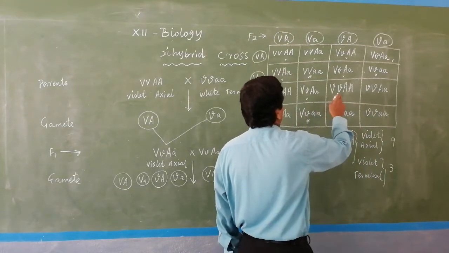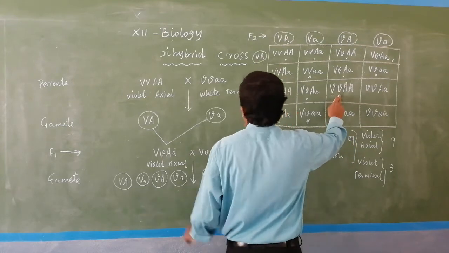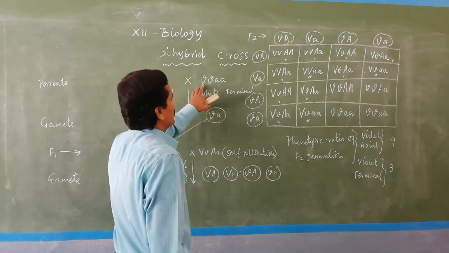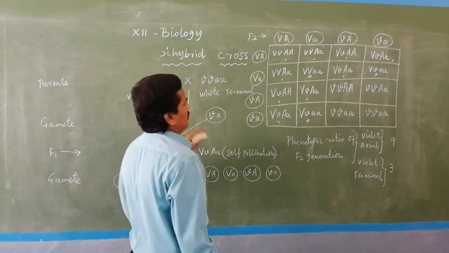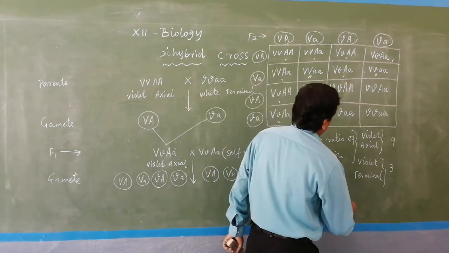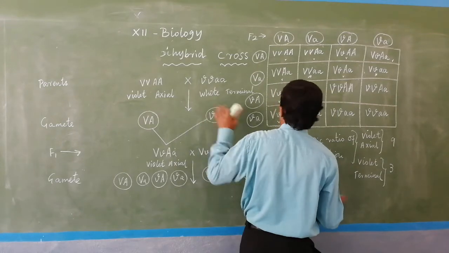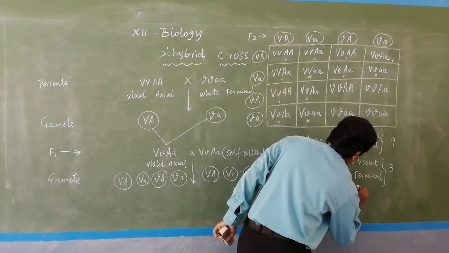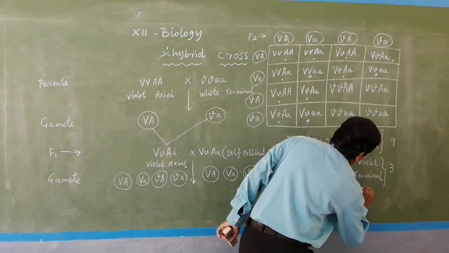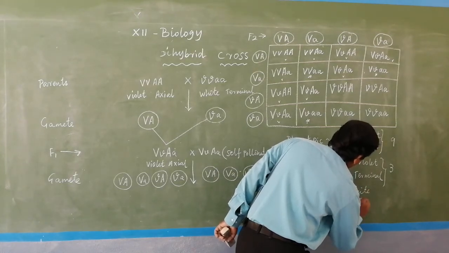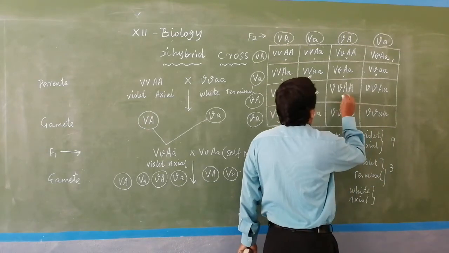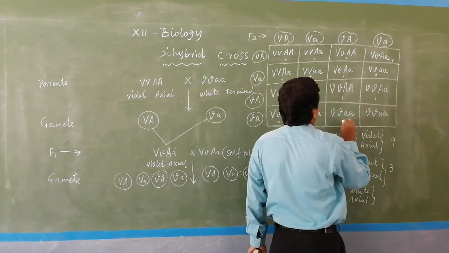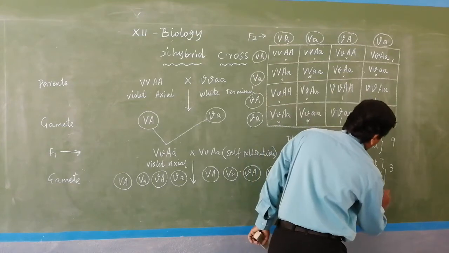Here next character what? Small v means what? That is white. Capital A means what? Axial. Then white axial, white axial 1, white axial 2, white axial 3. So white axial 3.